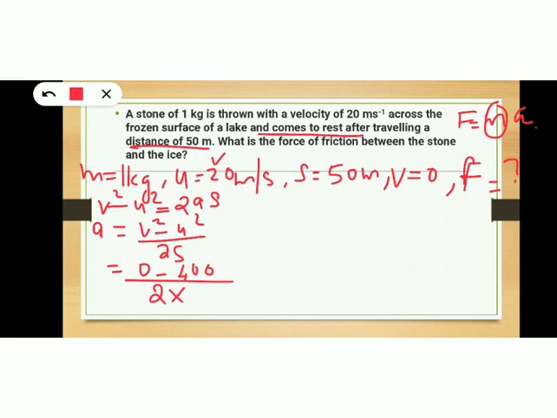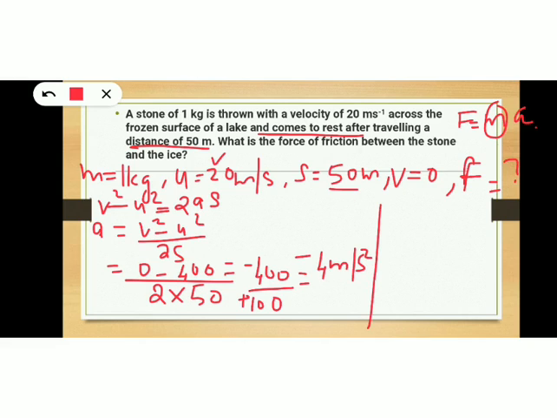S is 50 meter. So 2 into 50 is 100, and minus 400 by 100 is equal to minus 4 meter per second square. So what is the acceleration? Minus 4 meter per second square.